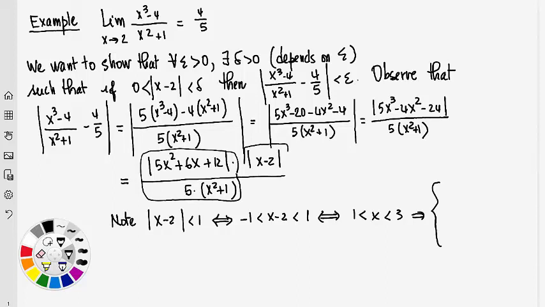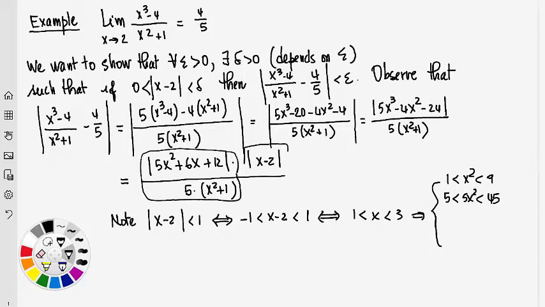This gives us the following. If I square this, then we get 1 is less than x squared, which is less than 9, and then we multiply by 5, so we get 5 is less than 5x squared, which is less than 45.